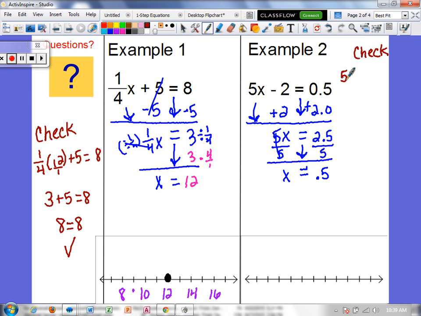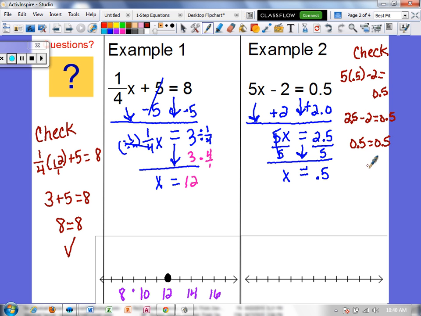That means 5 times 0.5 minus 2 equals 0.5. Well, 5 times 5 is 25, and we have one decimal place, so that would be 2.5 minus 2, and that should equal 0.5. 2.5 minus 2 would be 0.5.